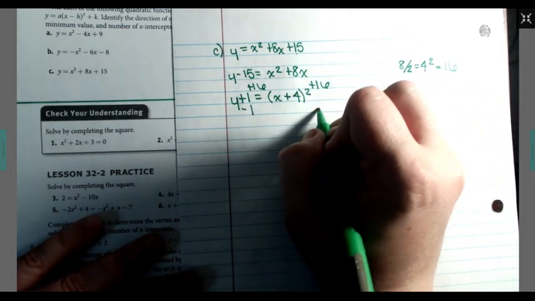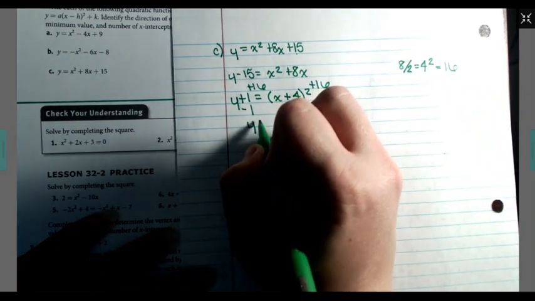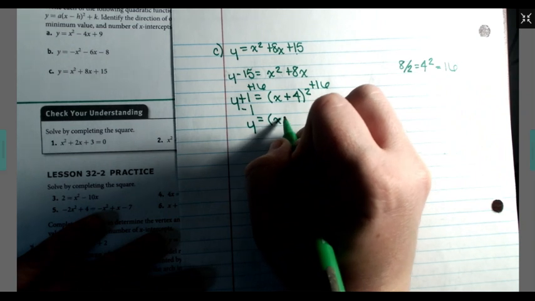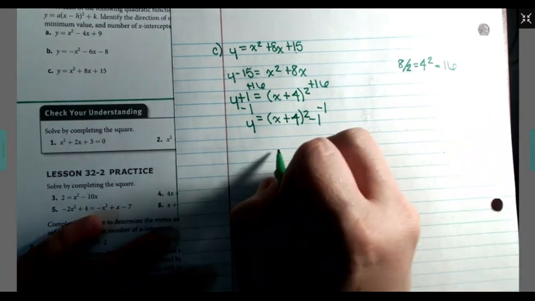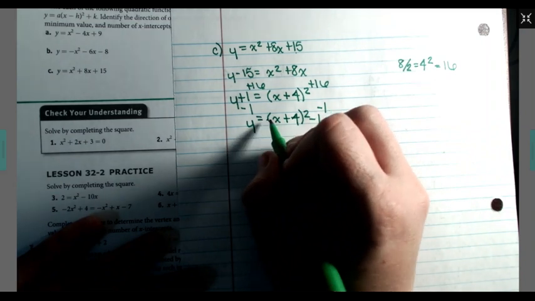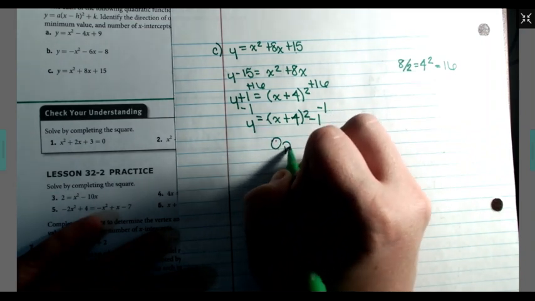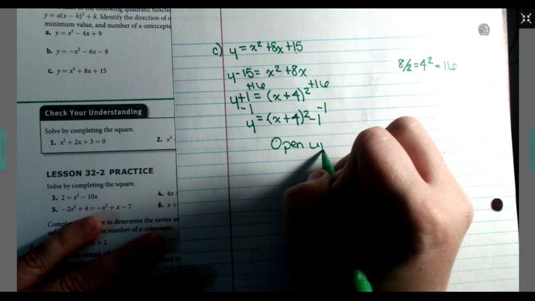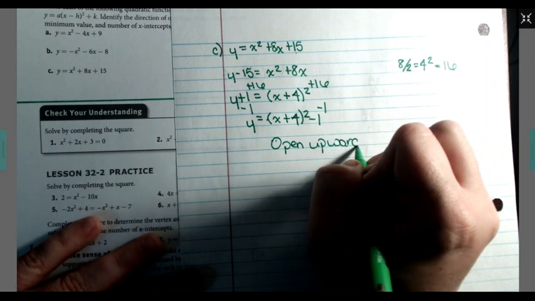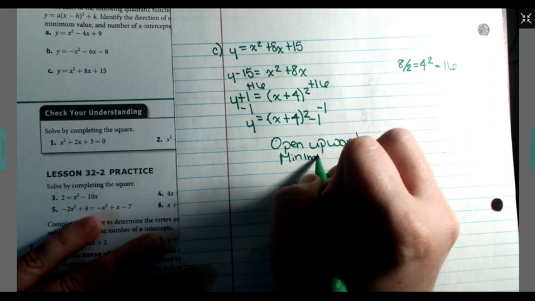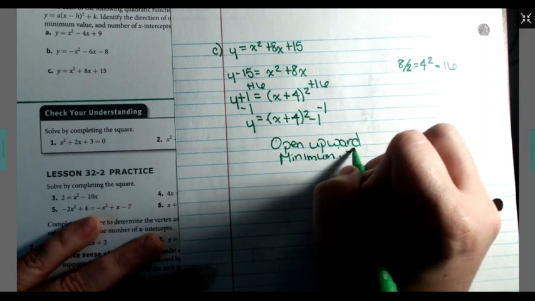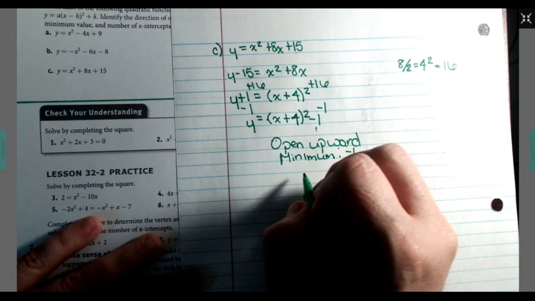We now move our 1 back over. So we got y equals (x plus 4) squared minus 1. Since this is positive, it's going to open upward. We have a minimum value at negative 1, because that's my k.